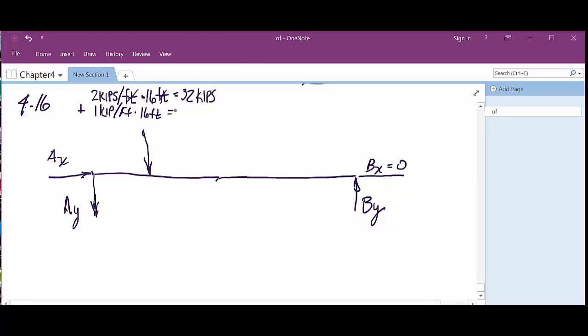So if we did that over 16 feet, that'd be 16 kips, right? So we would end up with 48 kips, and that distance would be 8 feet, right? Then the other one would be way out here, and that would be 1 kip per foot times 10 feet.